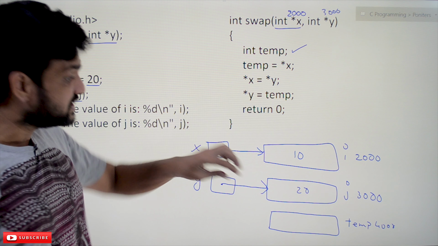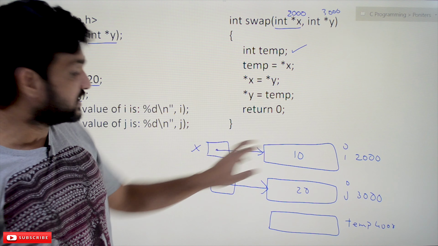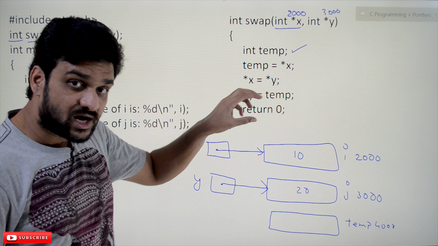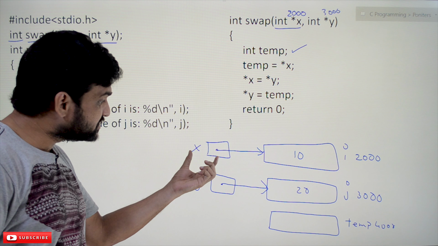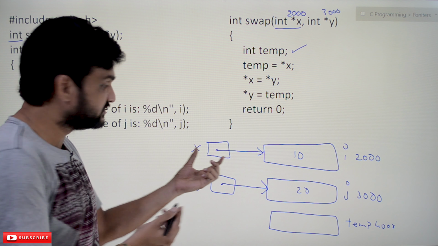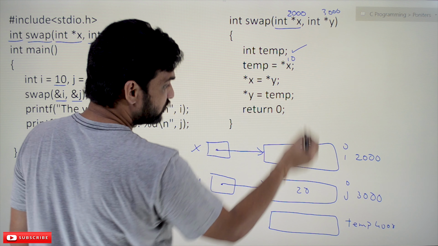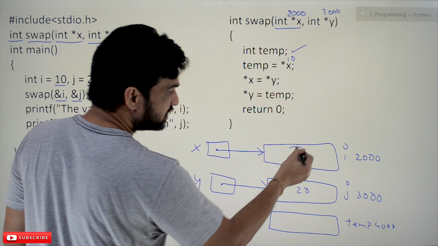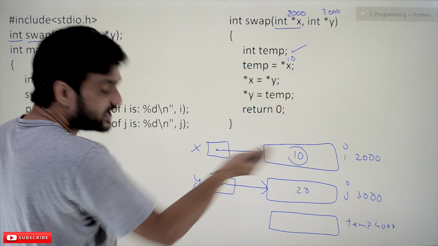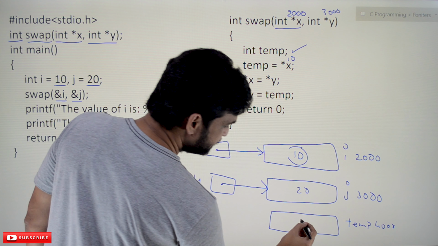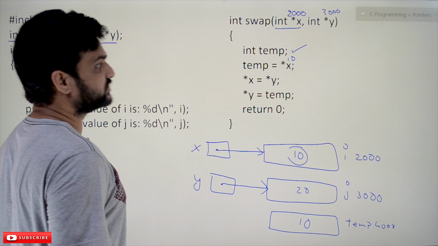Star of x means the value stored in the address location which this pointer is pointing to. This we have discussed. So the value of star of x is 10. What is the value stored in the memory location which x is pointing to? It is 10. So temp is stored with value 10.